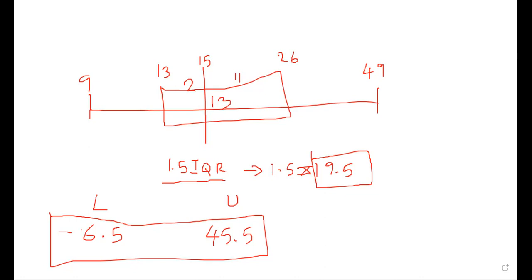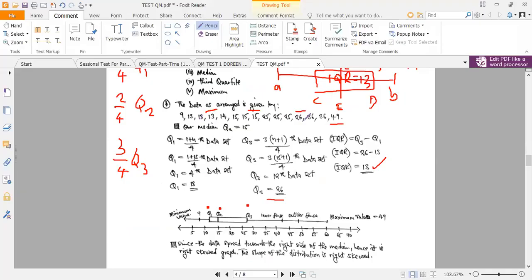Yes, it's only one. If we also had 46 and 49, they'd all be outside 45.5. So if we had 46 here, it would be part of it. Oh, okay. All right. Got it.